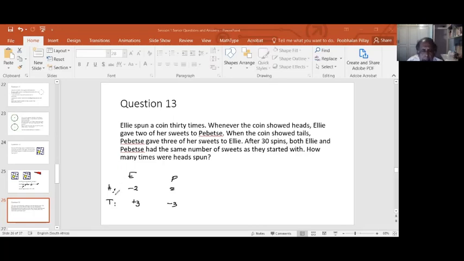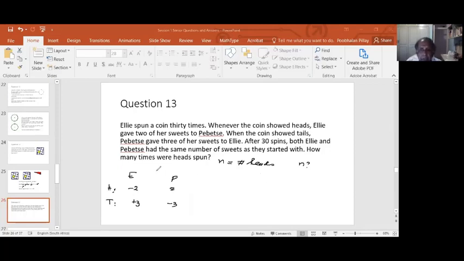You have 30 spins, but you don't know how many heads and how many tails there are. So the question says, how many times were heads spun? Why don't we let n be equal to the number of heads. So we need to calculate n.